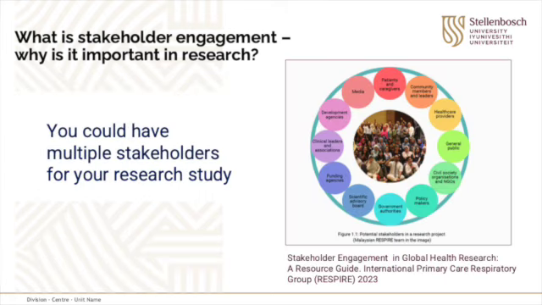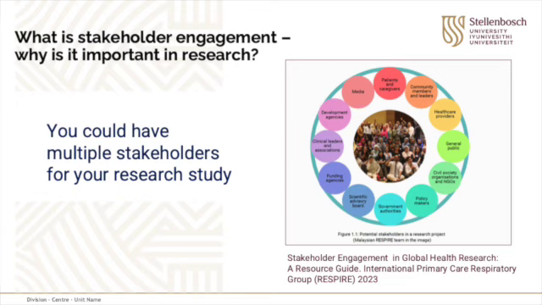So you can have multiple stakeholders in your research, and the image shown here is a visual representation of potential stakeholders in a global health research project. And this image has been drawn from one of the resources that I used in putting this presentation together today. It's a group called Respire, which is an international primary care respiratory group, and they have put together this really useful resource.